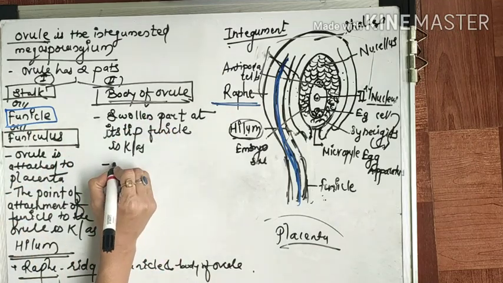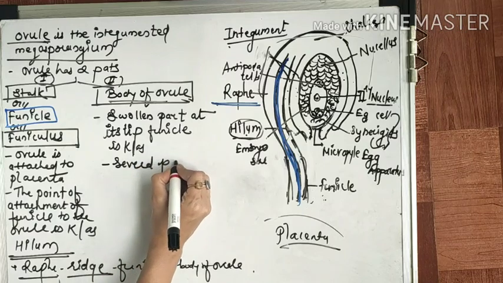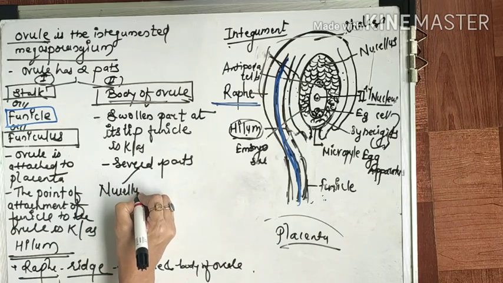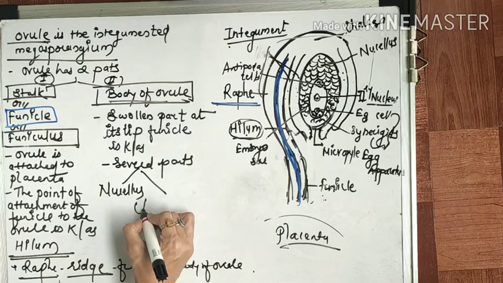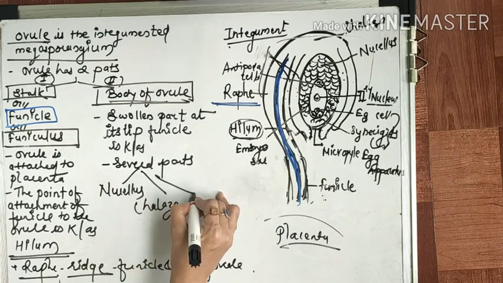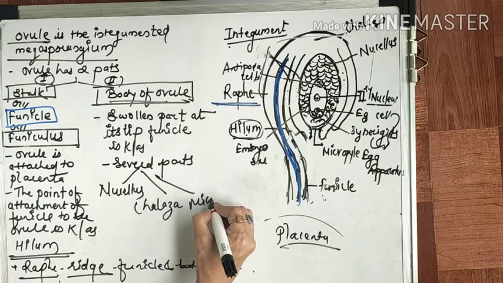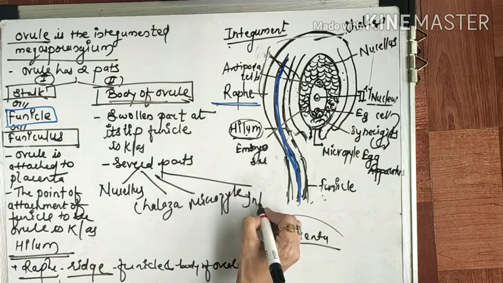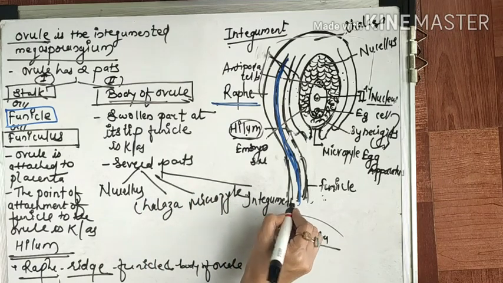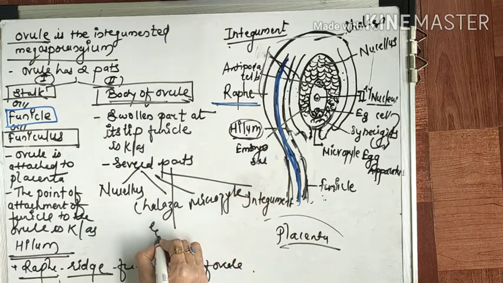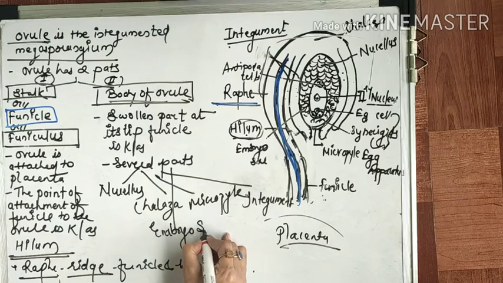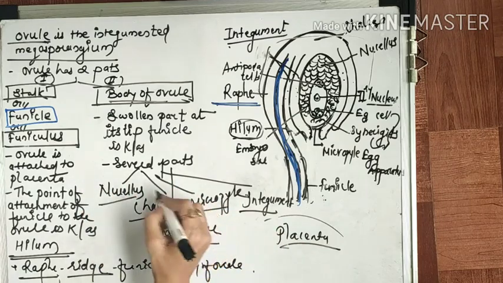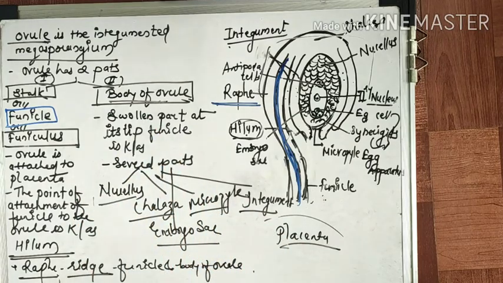It is made up of nucellus, chalaza, micropyle, integument, and embryo sac. So with the help of these five parts, the body of ovule is made.